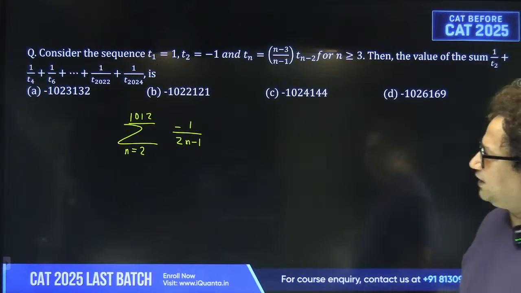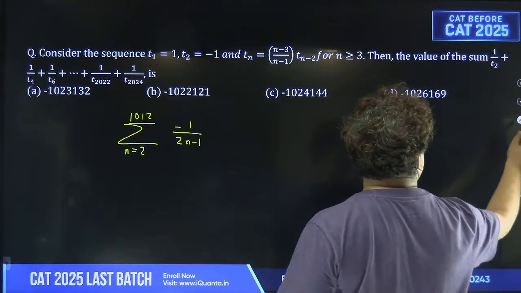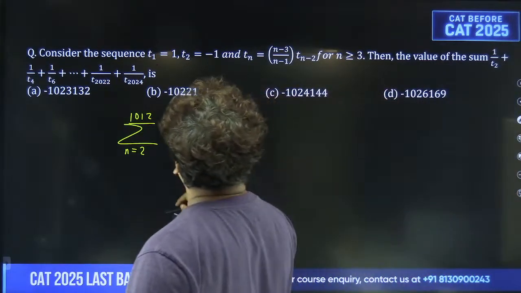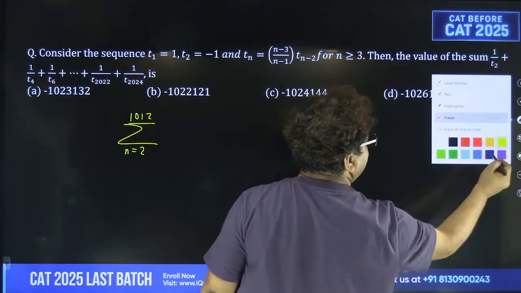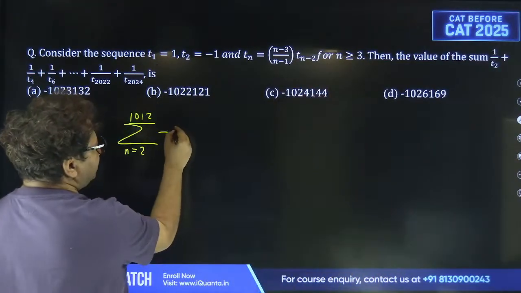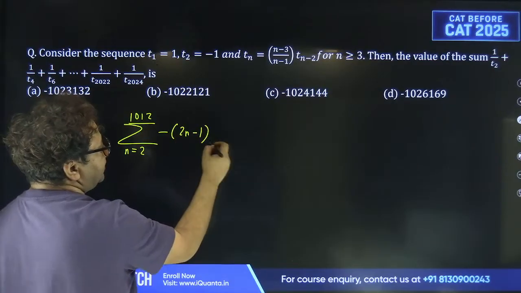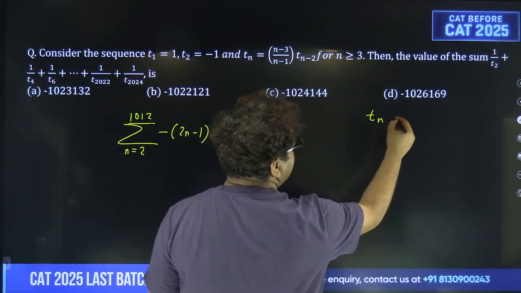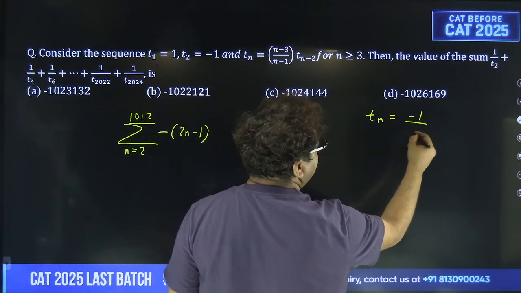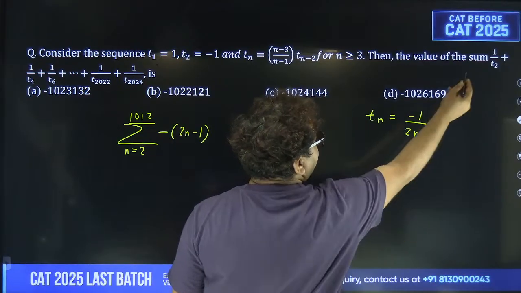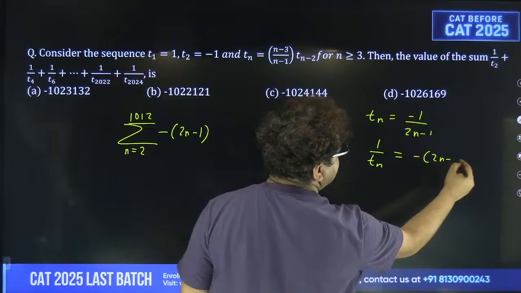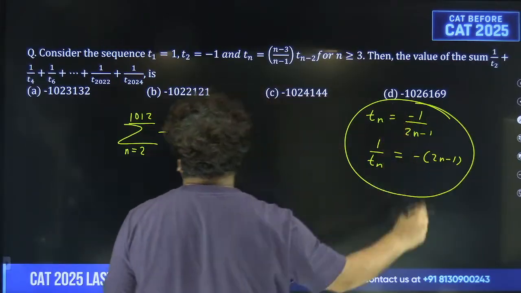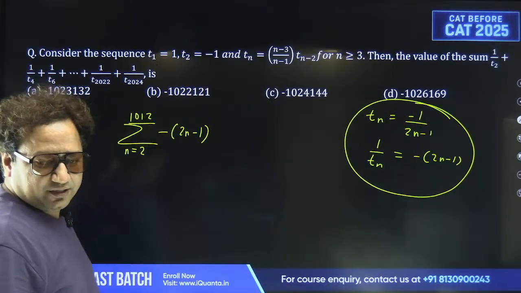Absolutely right, Ayushman. Very good. I was waiting for it. This is not going to be what we add. We have to add its reciprocal. We need to add minus of 2n minus 1. Do you remember what was the value of Tn? T2n was minus 1 upon 2n minus 1, but here we have 1 by T2n. That means we need to find the summation of minus of 2n minus 1. So that is where people can just go wrong. Is that clear?